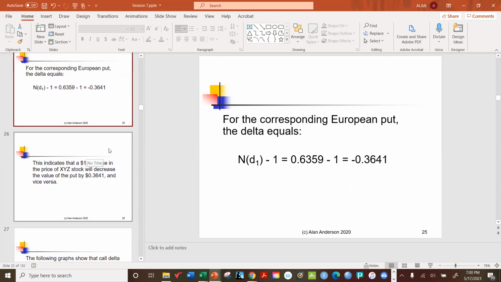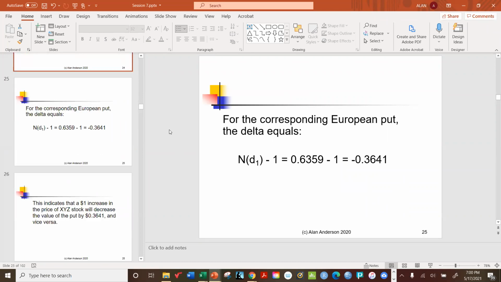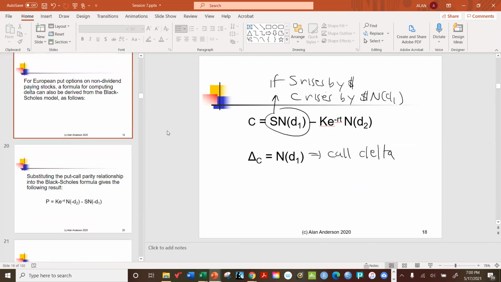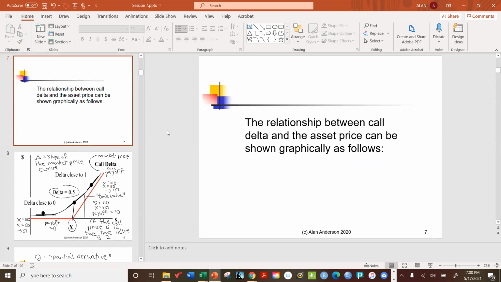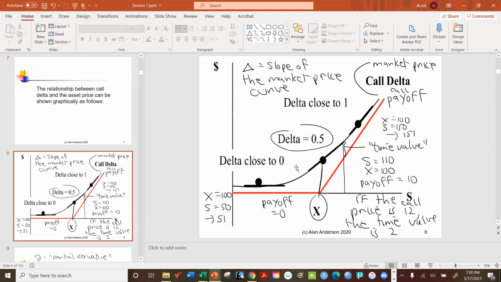Now, here's something interesting. I have a couple of graphs here. As we saw in the graphs up to this point, let's go back and revisit them for a second. You noticed that the delta depends on the stock price. In other words, if the stock price exactly matches X, the delta should be right around a half.